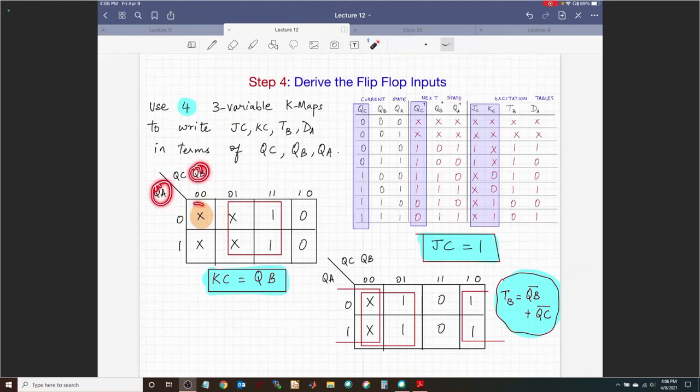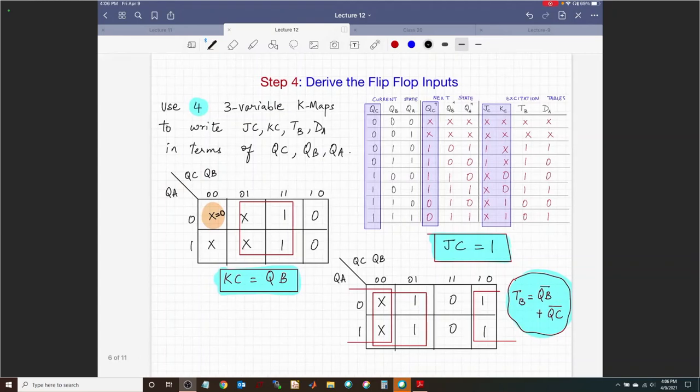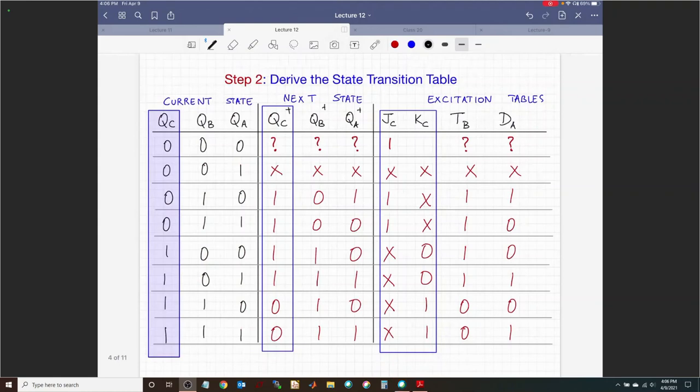That's the place I'm looking at. 0, 0, 0. What is it going to next? For KC, you had a don't care, but you didn't make it part of the group, which means you made it a 0. All right, let me come back here and put a 0 there.